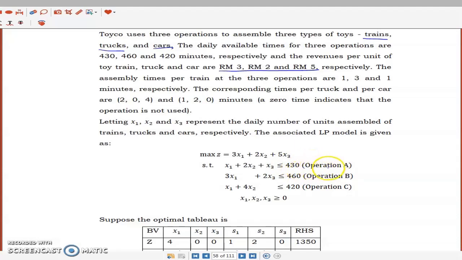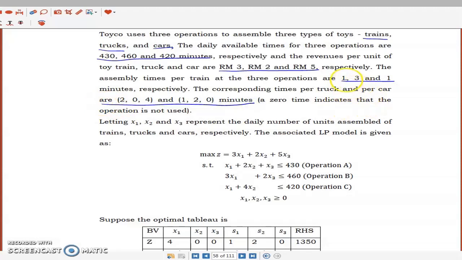For example, operation A has only 430 minutes available, and only 460 and 420 minutes available in operation B and operation C respectively. The information is here. And the left hand side of the constraints comes from this information.